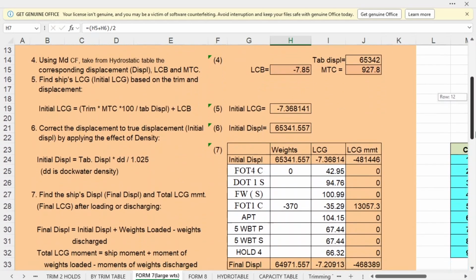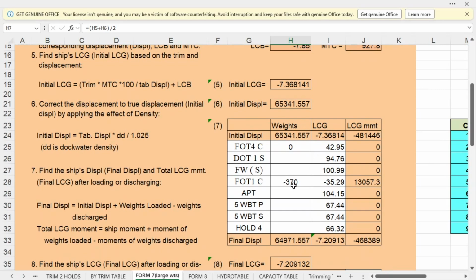Now we'll go to the tank. You have already taken out this weight of 370 in fuel tank number 1 center. That will be 0, and you shift it to FO tank number 4 center.